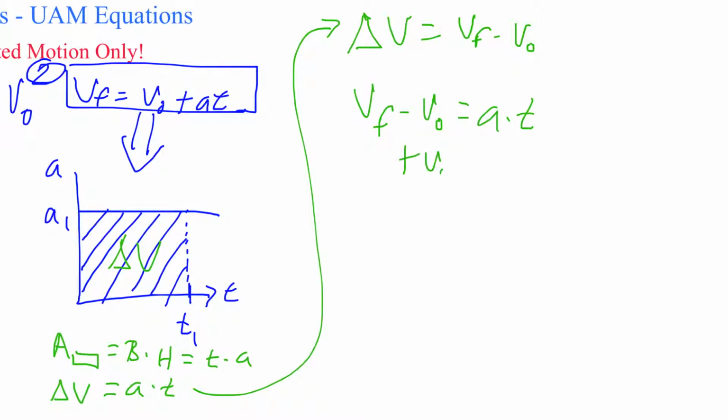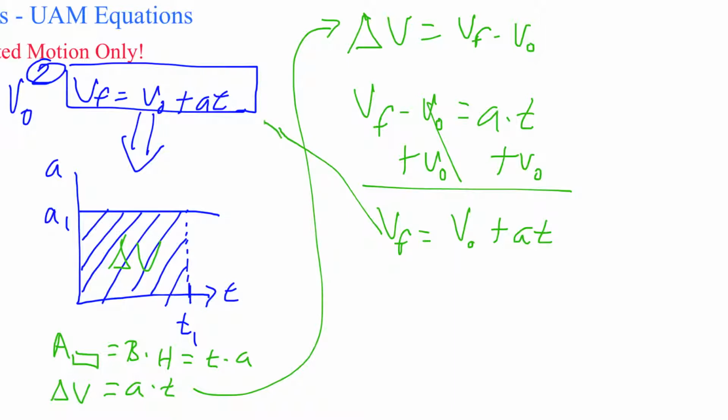And then we will add our initial velocity to both sides. So the final velocity equals initial velocity plus acceleration times time, which is exactly what we solved for over here. So that just graphically shows you also that we get the same exact equation.